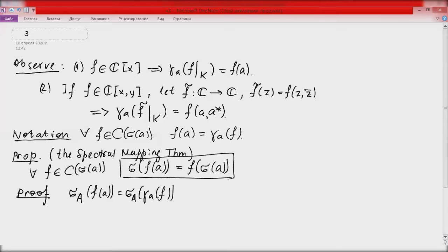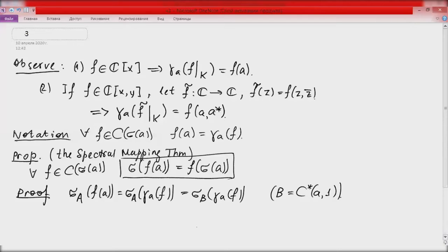Let's now replace the C-star algebra A by the subalgebra B, where B is the same B as in the proof of the previous theorem. So B is the C-star subalgebra generated by A and the identity. The last equality follows from the spectral invariance result.